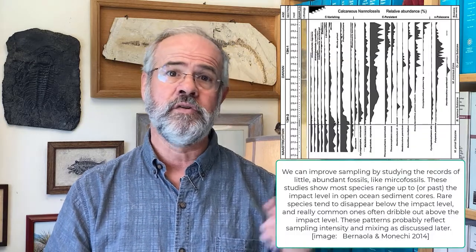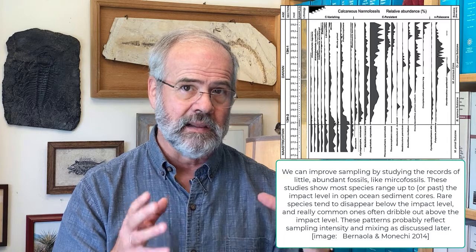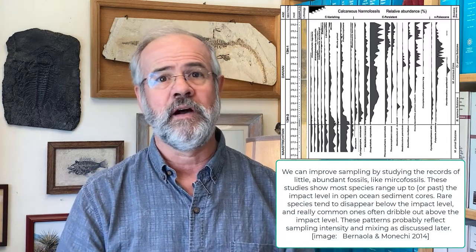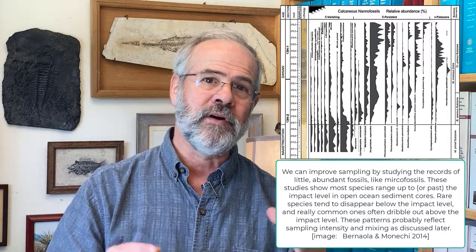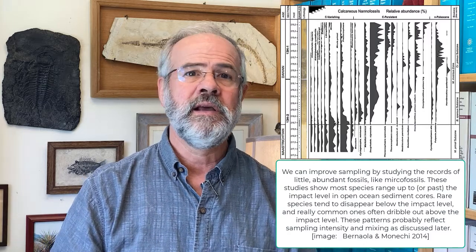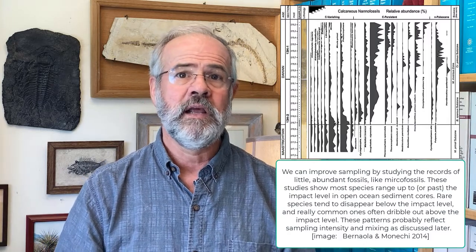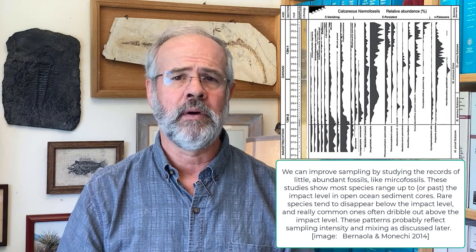Note that if the problem is just finding enough fossils to define when the extinction happened, then we ought to do better with smaller-bodied creatures, since they are more abundant and therefore easier to sample accurately. So one solution is to look at really little things like foraminifera and nanofossils. In the case of foraminifera, a typical open ocean community had, say, 40 species in it in the late Cretaceous before the impact horizon.